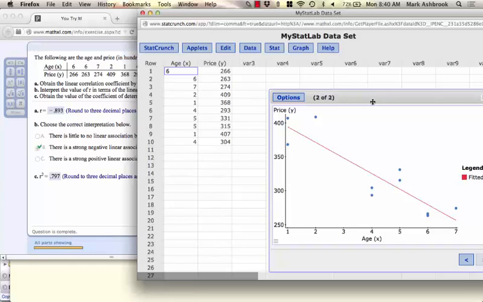Okay, so the question is, does age cause price to go down? Well, just the numbers don't tell us that for sure, okay? This is only talking about correlation. We can conclude for sure that there's a strong correlation between age and price. In order to then show causation, we have to use other things: more data, more research, common sense, okay?